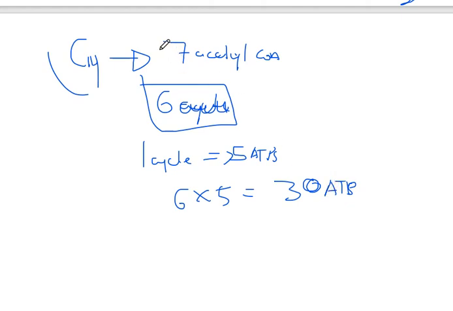Once again, we said each acetyl CoA goes through the Krebs cycle to give us an equivalent of what? So 1 acetyl CoA gives us an equivalent of 12 ATPs in the Krebs cycle.